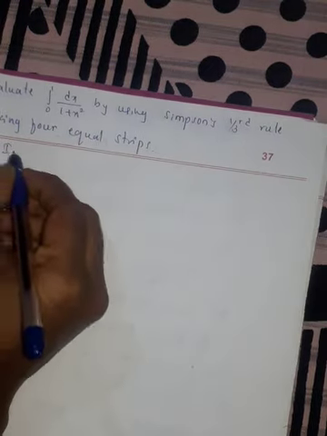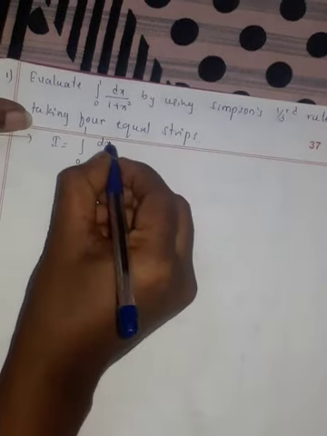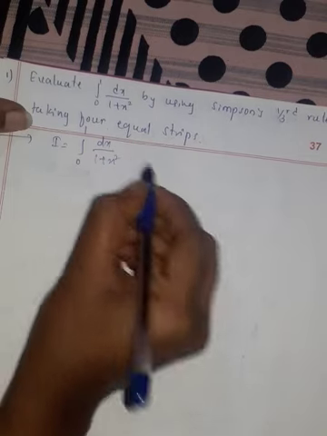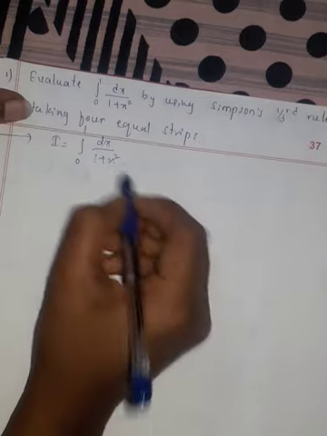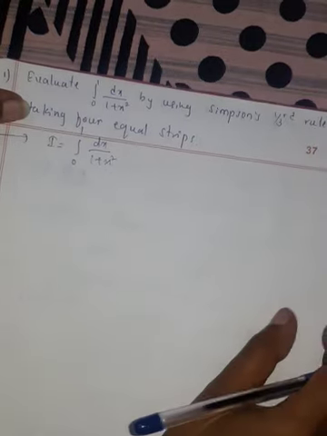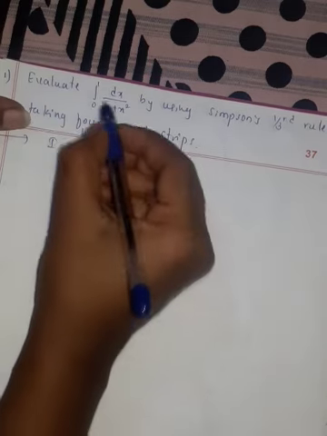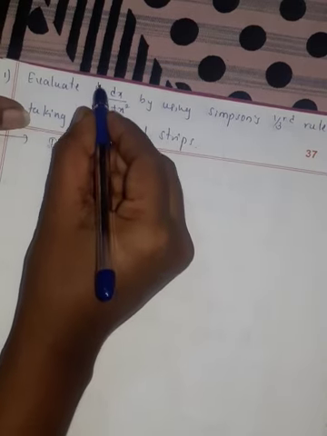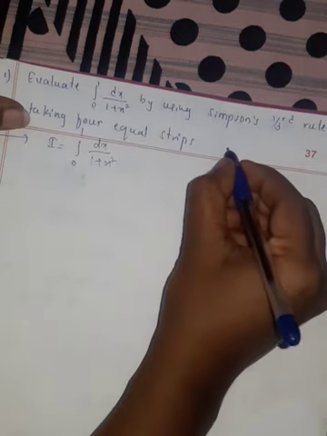Our definite integral is I equal to the integral from 0 to 1 of dx divided by 1 plus x square. Now our y is nothing but 1 divided by 1 plus x square. We only consider the interval here. So what is the interval? a to b, where a is 0 and b is 1. So our interval is 0 to 1.